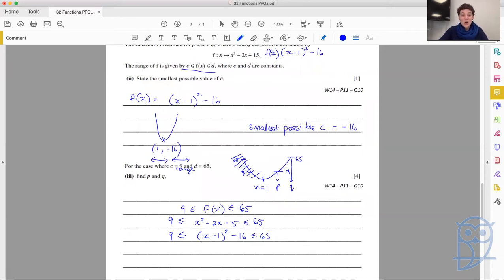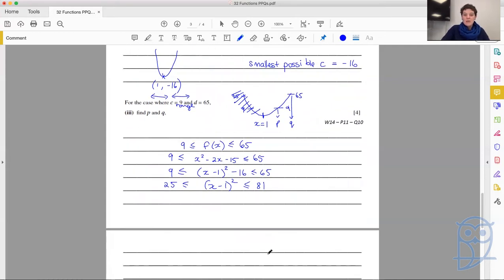Now we can actually solve this the same way we would at IGCSE. We're going to get rid of the 16. We add 16 to both sides. So 9 plus 16 gives us 25, less than or equal to (x minus 1) squared, less than or equal to 65 plus 16, which gives us 81.